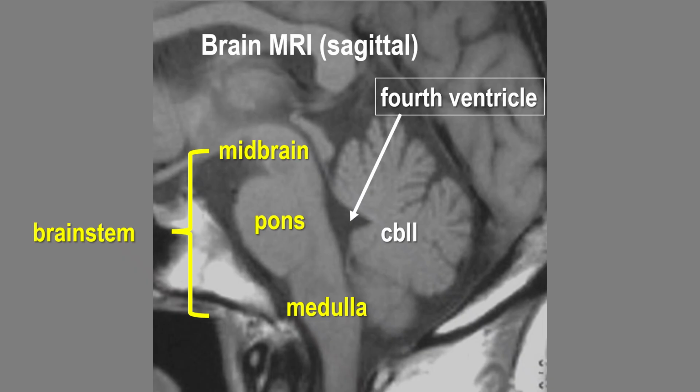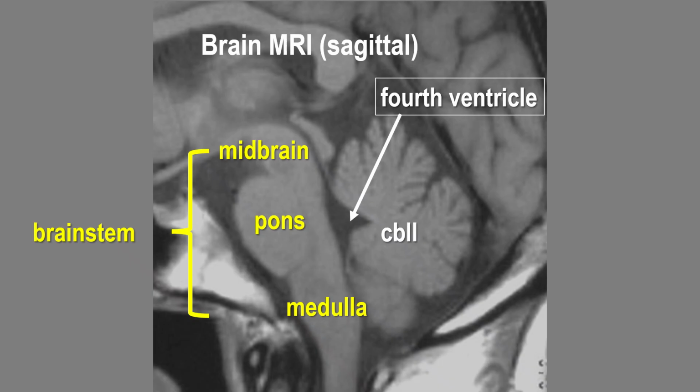The brain located in the posterior cranial fossa consists of the cerebellum and the brainstem, which includes the midbrain, pons, and medulla oblongata. The cerebellum is the largest of the brain structures located in the posterior cranial fossa.